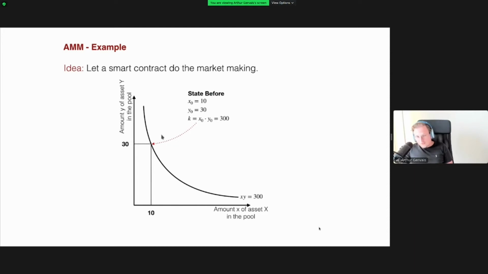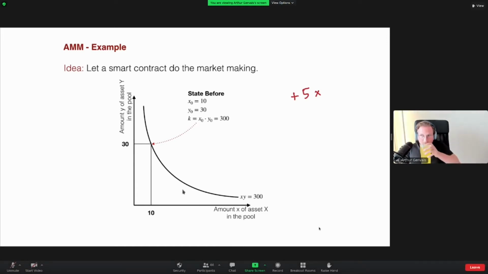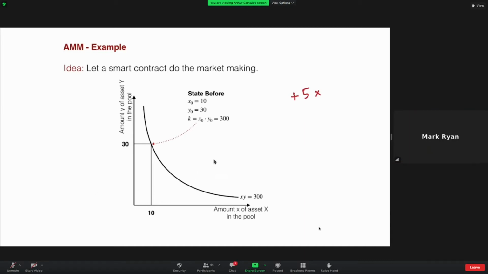Now if we want to change the state, let's say we add plus 5x to the state, right? Can anybody tell me how this will change the state? Y will become 20.